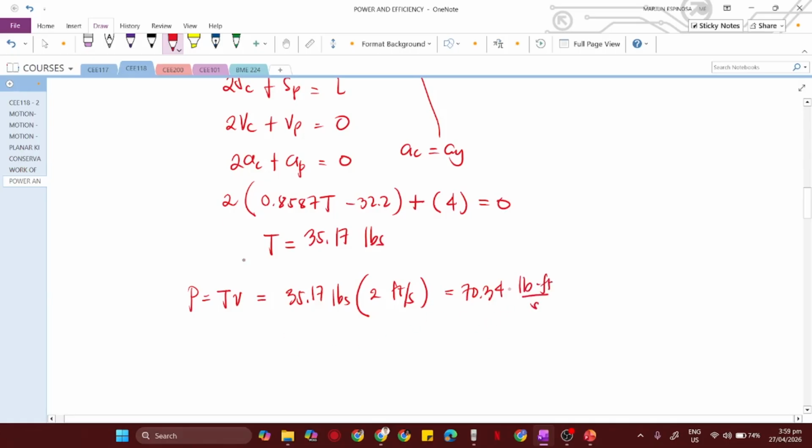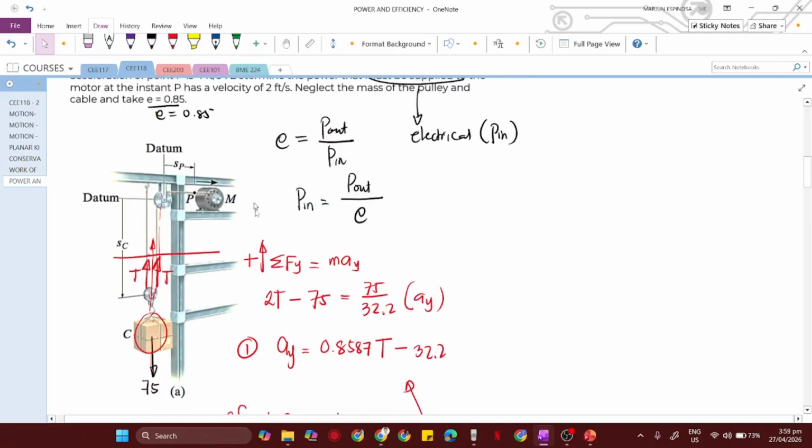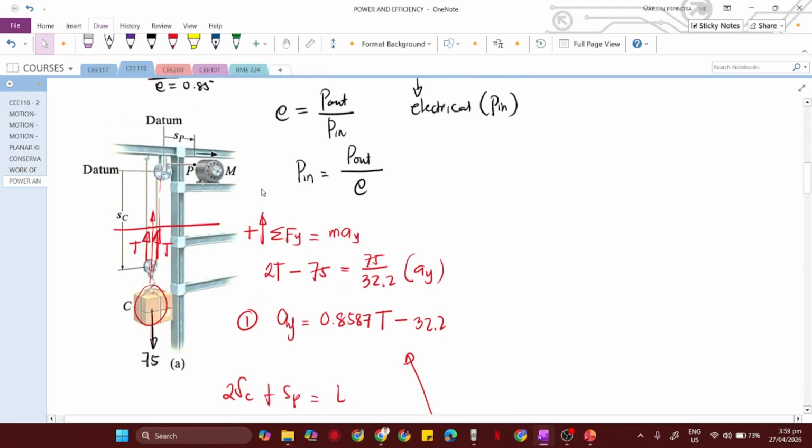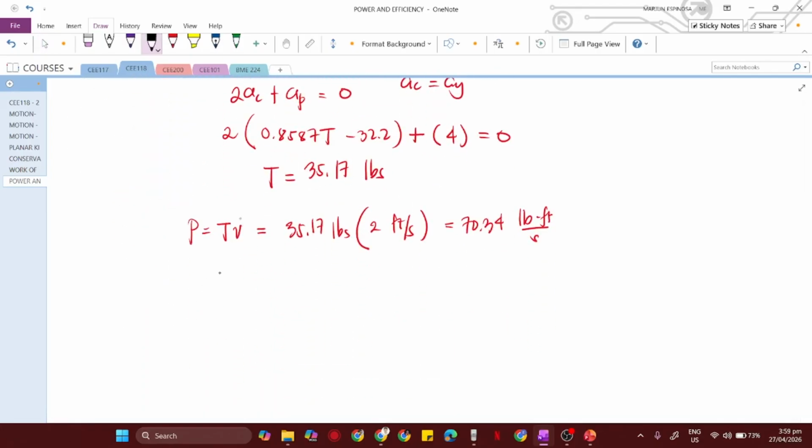And then, kung di nyo ito alam, kasi HP dapat yung unit niya sa motor. Kapag motor, HP. Pag electricity, watts. Okay, HP dapat yung motor, yung power. So, take note, for the conversion, 1 HP is equivalent sa 550 pound-feet per second.